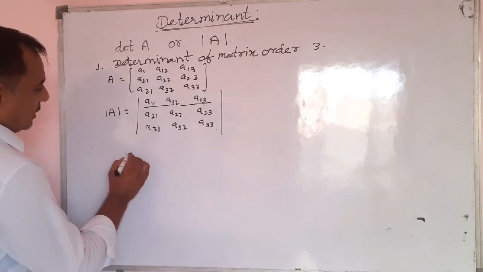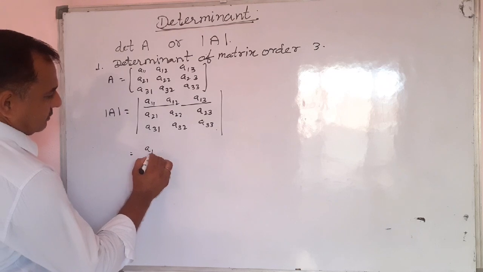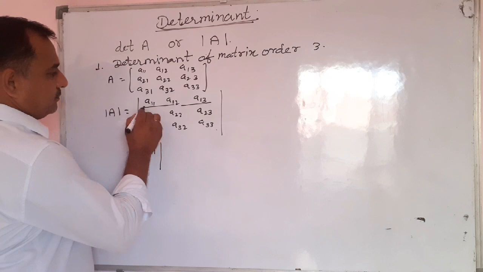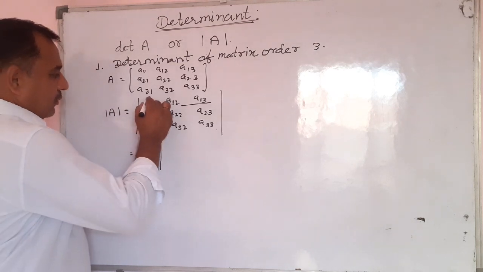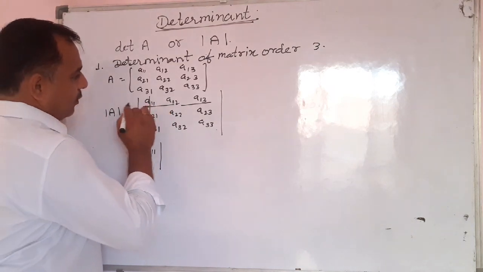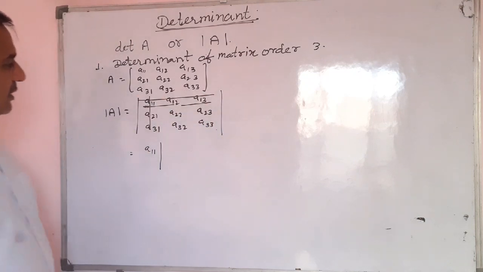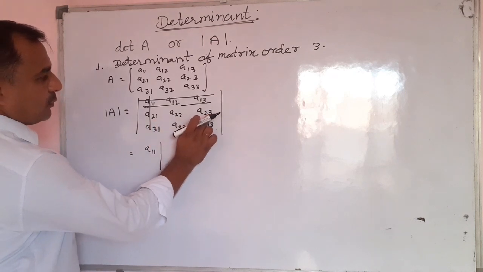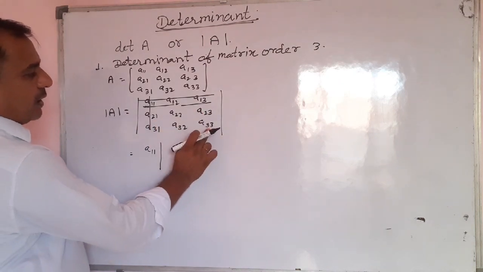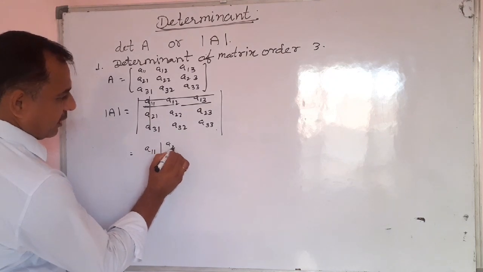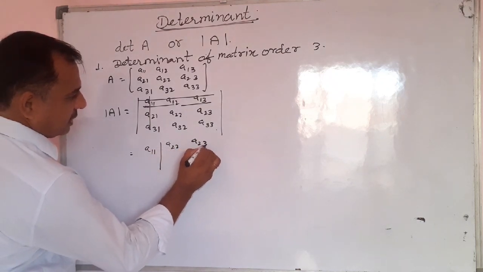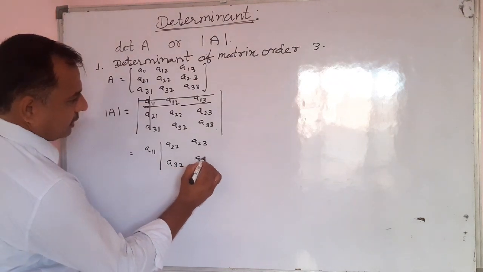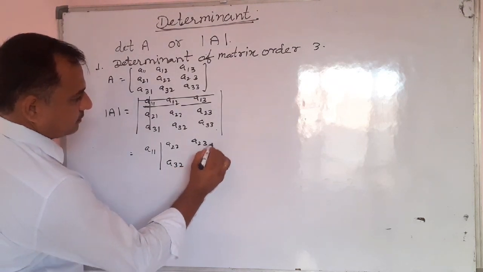Then A11 times the determinant left after this row and column elements are eliminated, and the remaining are A22, A23, A32 and A33.